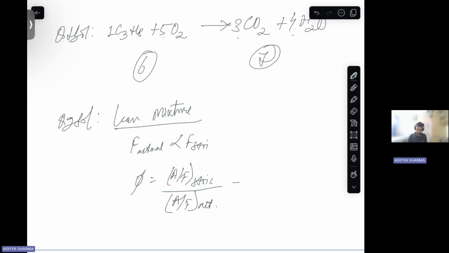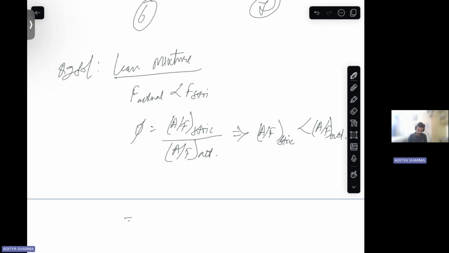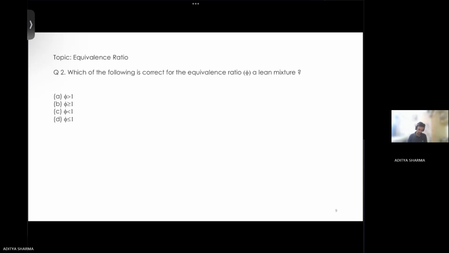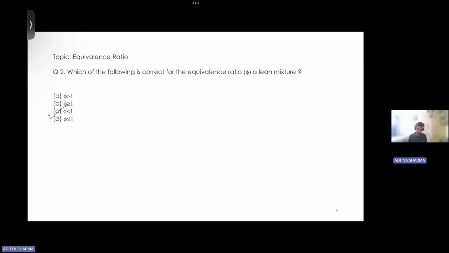So in that case, this implies less than, right? Which implies your phi is less than 1, right? So this will be your answer. The 4 options are given. C option is the correct one. There are options like phi is greater than or equal to 1 and phi is less than or equal to 1.